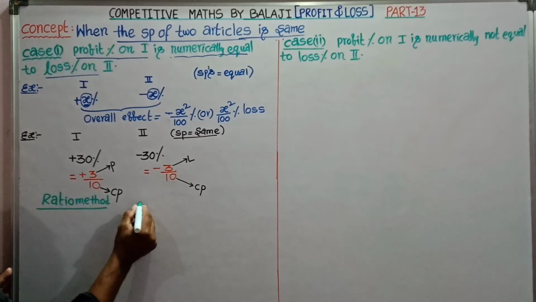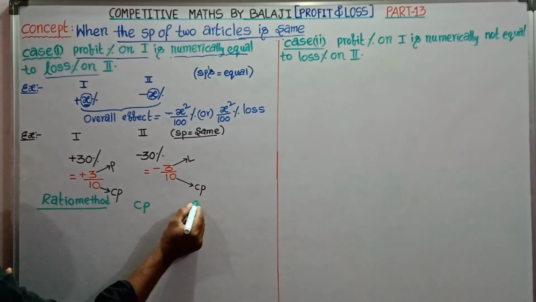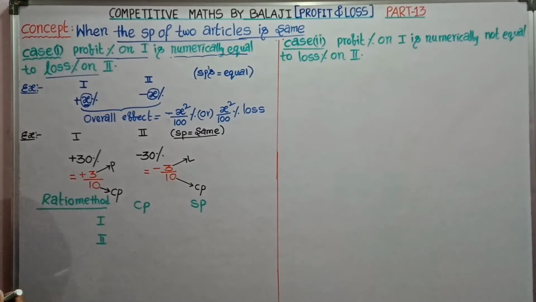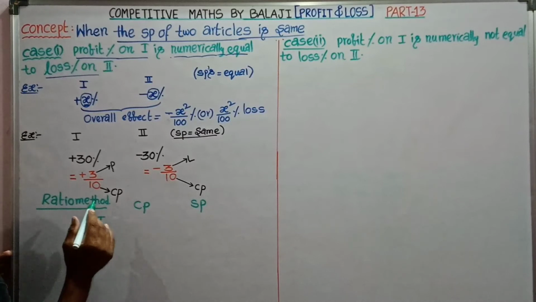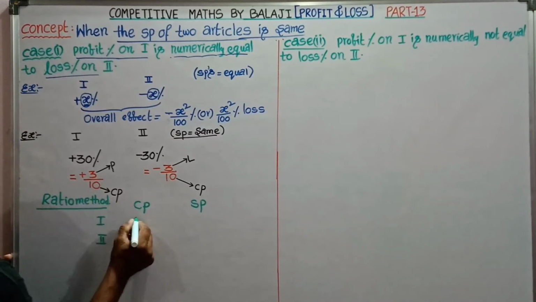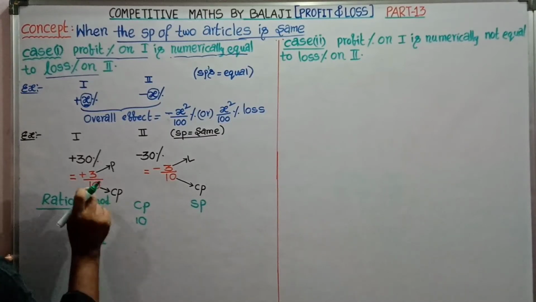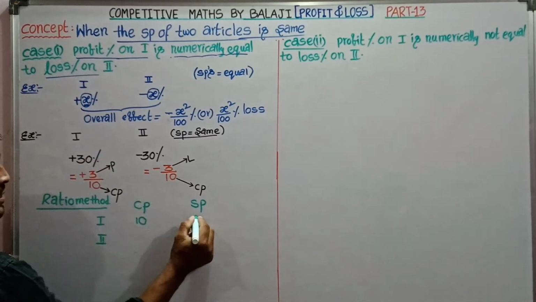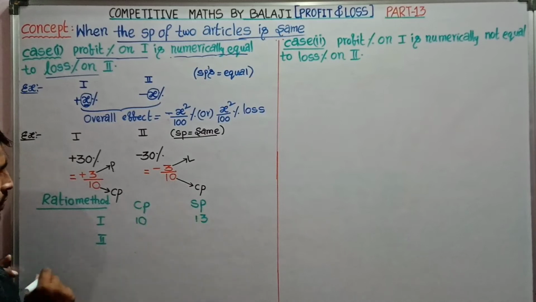Now take cost price here and selling price here. This is about the first pen, this is about the second pen. The cost price of the first pen is 10 units and the profit is 3 units, so selling price is cost price plus profit, that is 13 units.